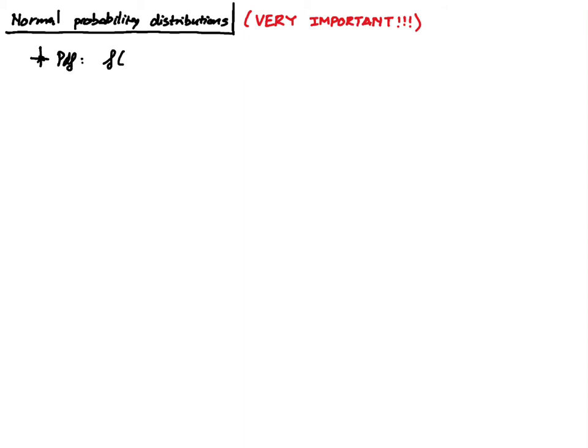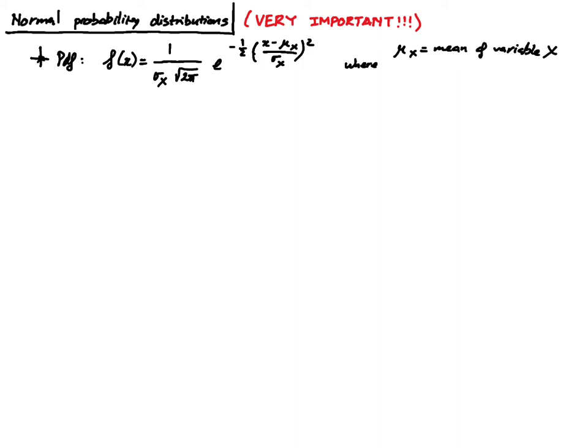So the PDF f of x is equal to 1 over sigma x times the square root of 2 pi times e to the negative 1/2 times (x minus mu of x divided by sigma of x) all squared, where mu of x is the mean of the variable x, sigma of x is the standard deviation of the variable x, and x is a normally distributed variable.